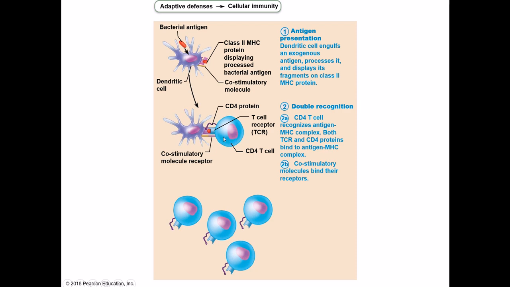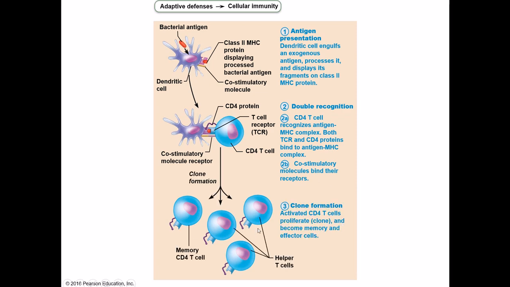And if only one of these happens, if this recognizes this, but this doesn't recognize this, then the T cell will not be activated. So we must have that co-stimulation. Once we have that co-stimulation, then we can get the formation of all of these clones that are ready to go and do their job and fight against this particular antigen.